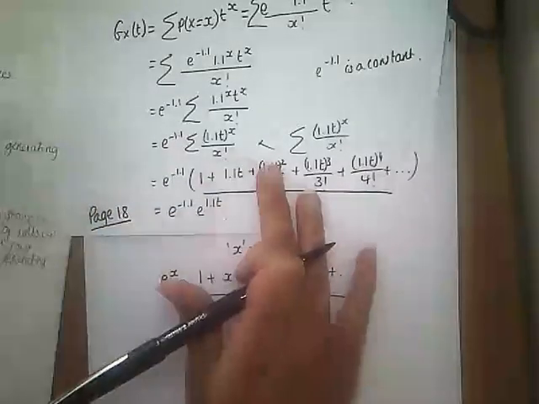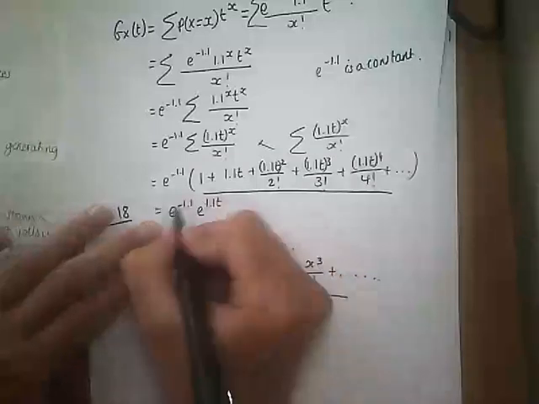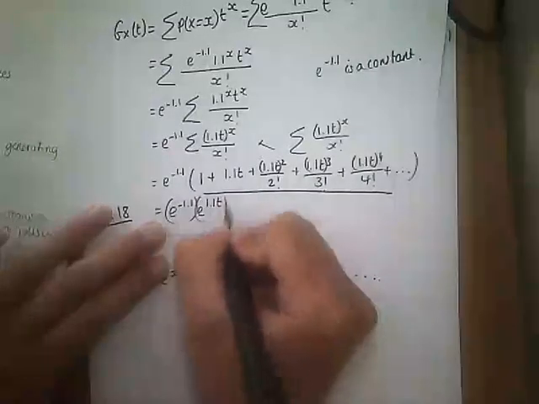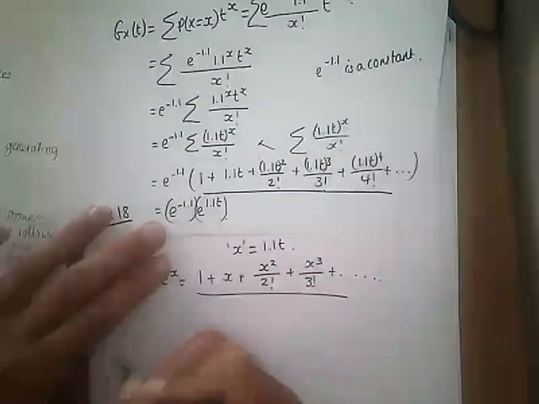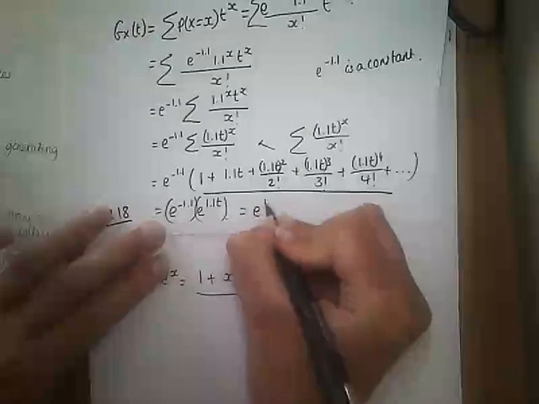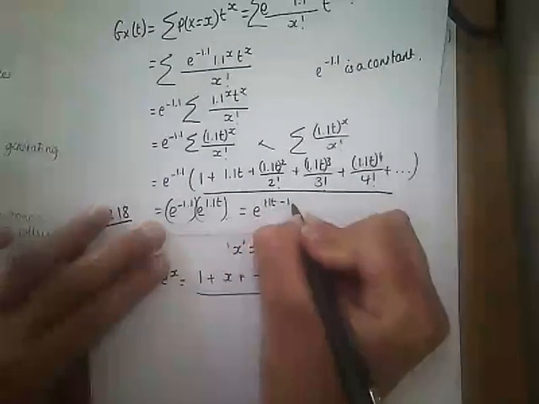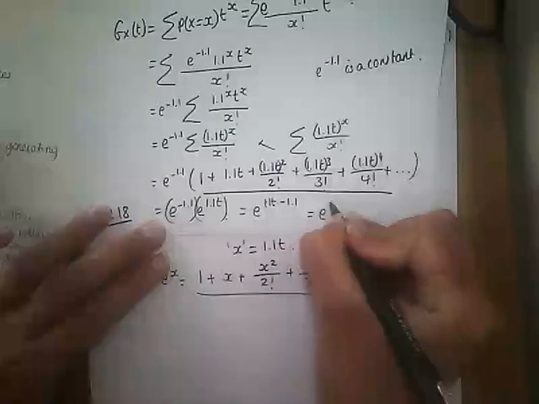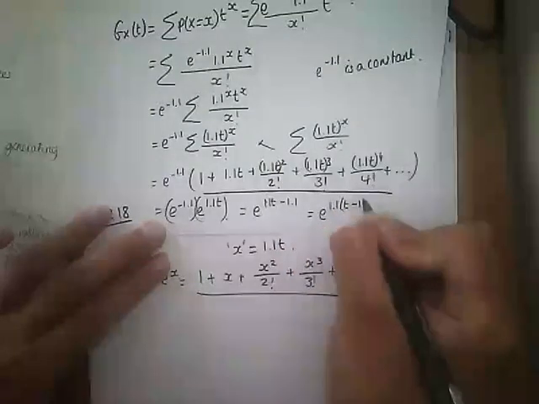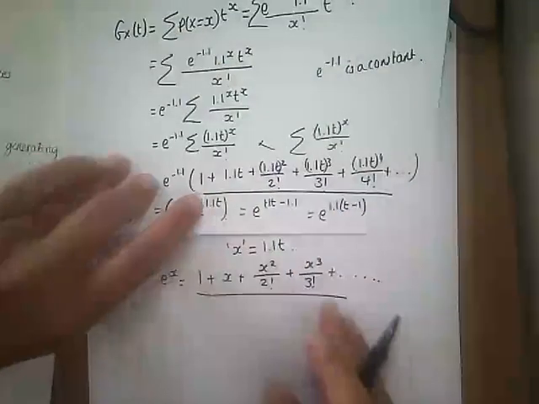Now we've got e to the minus 1.1 times e to the 1.1t, so that is e to the 1.1t minus 1.1, which is just e to the 1.1 (t minus 1), and that is what we were asked to get in the first place.